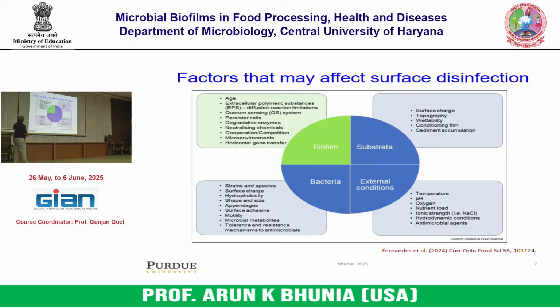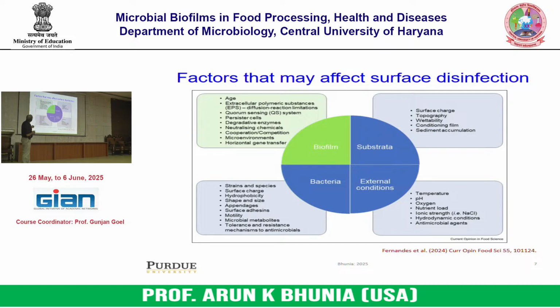Factors that may affect surface disinfection. So we are trying to kill microorganisms, right? If a biofilm forms, of course, that may affect it, depending on the level of biofilm formation, what type of substrate you have, the type of microorganisms you have, or what the external conditions are. All of these factors, I didn't mention them, you can look at them.